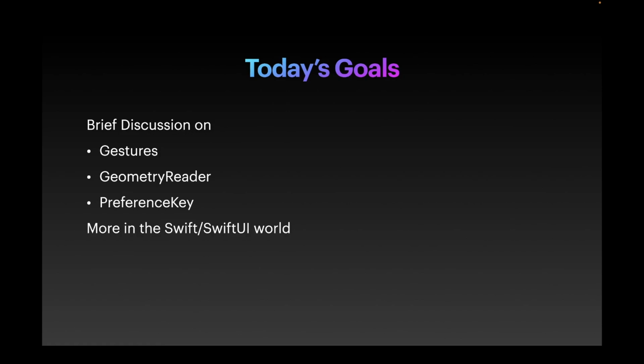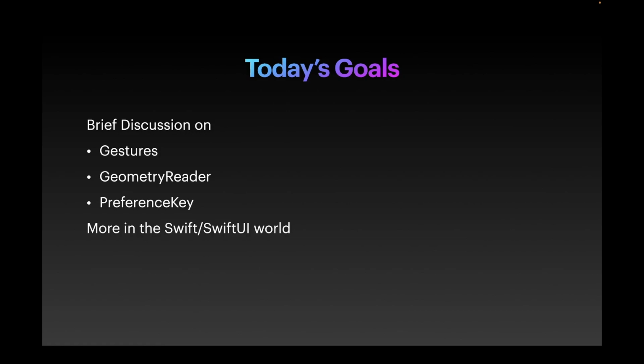Preference key is a tool to help you pass data from the child view to the parent view. If we want to pass data from the parent view to the child view, you already have some tools. For example, we have talked about the environment object. We can also just pass the data to the child view, so the child view has access to data from the parent view.